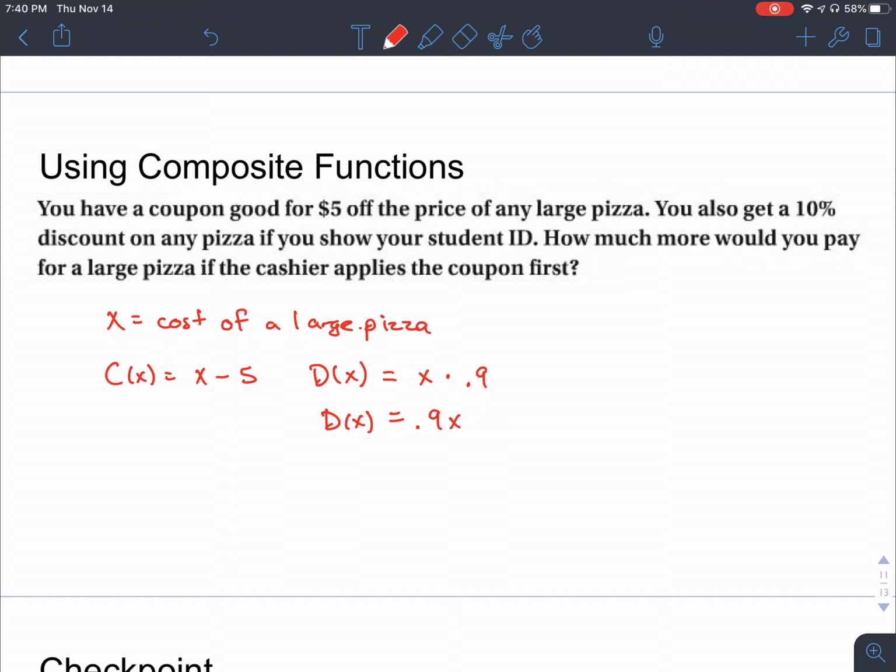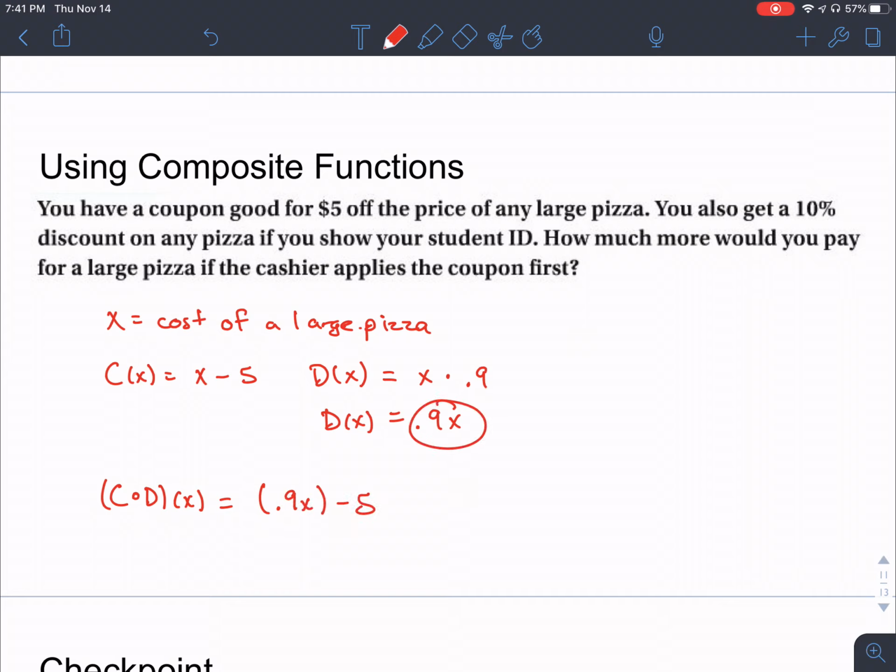Then basically all we need to do here is figure out exactly which of these would save you the most money. So if we were to do c of d of x, that would mean I'm plugging d of x into c of x. So that would be equal to 0.9x minus 5.